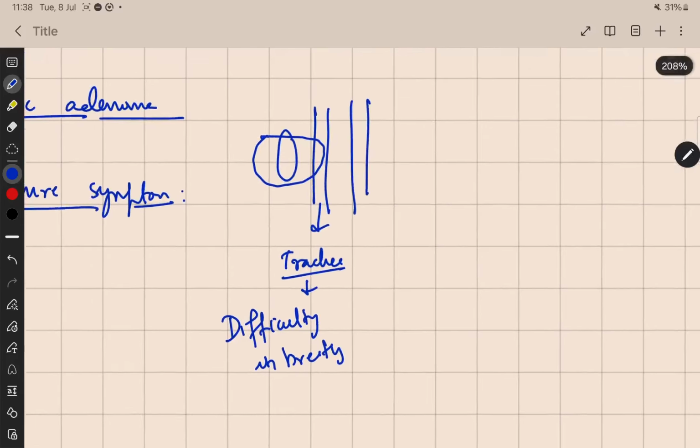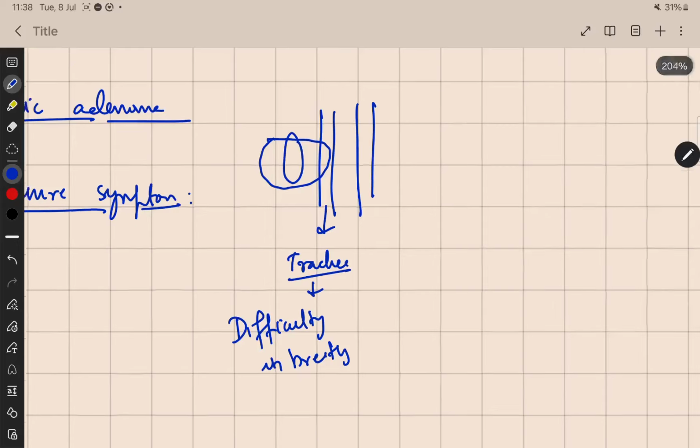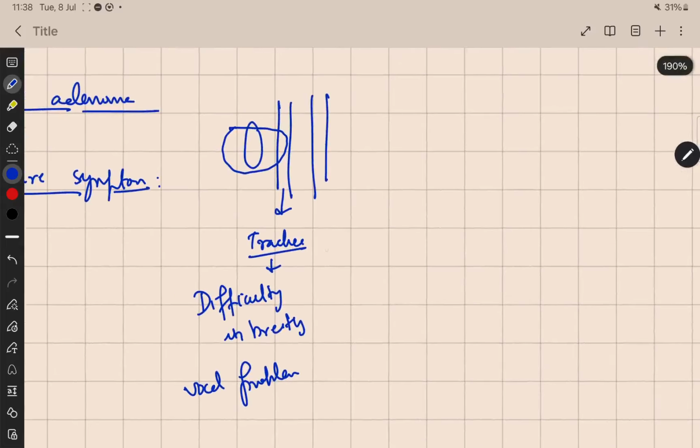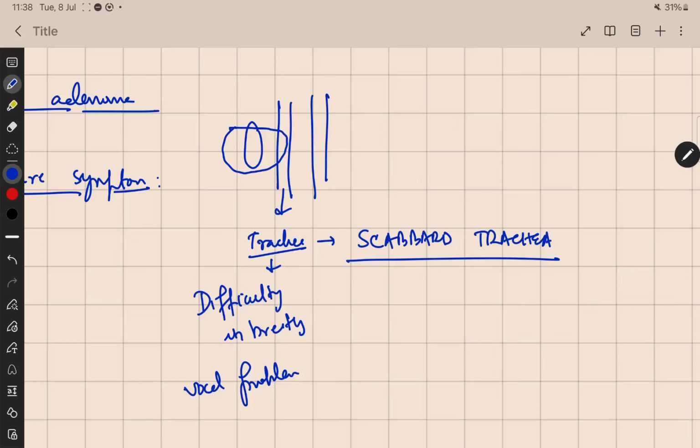It can also compress the laryngeal muscles, which can cause vocal cord problems, that is speech problems. This is also known as scabbard trachea. There will be hoarseness of voice if you just stretch the trachea.